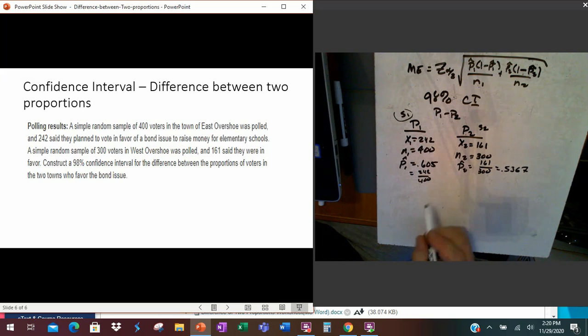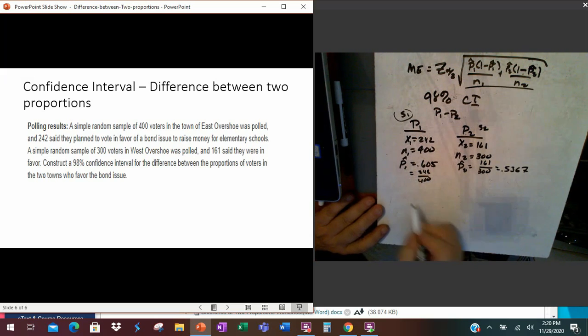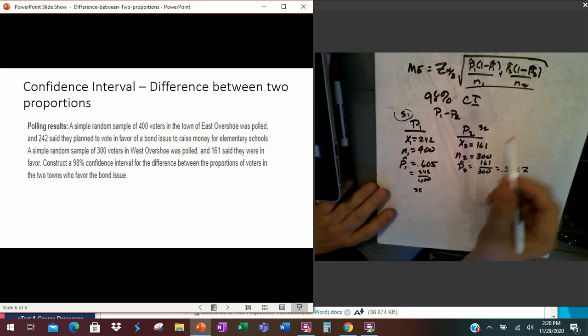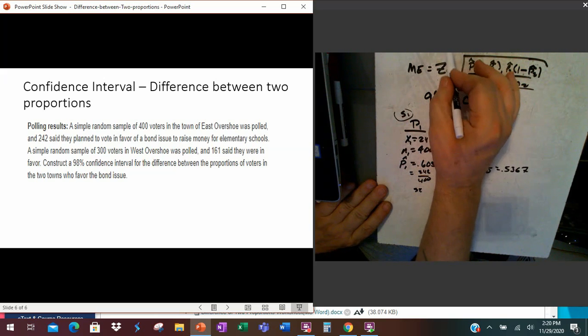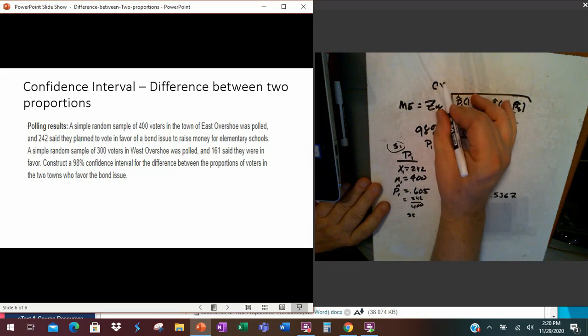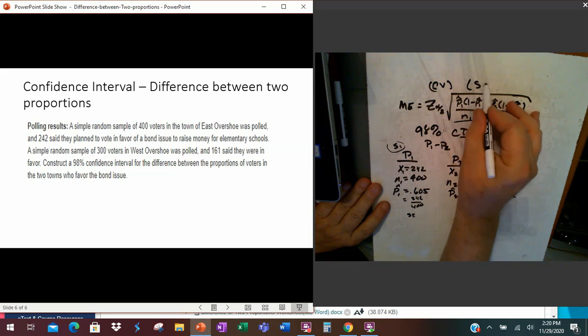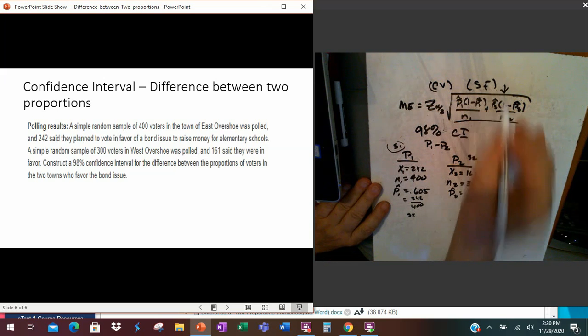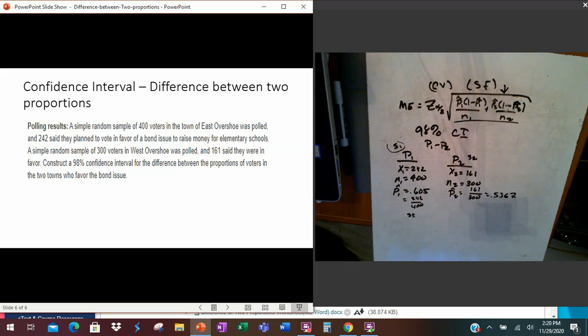So we can build this. This is the standard error part of it, and what we've got is the critical value times the standard error for the difference of two proportions.